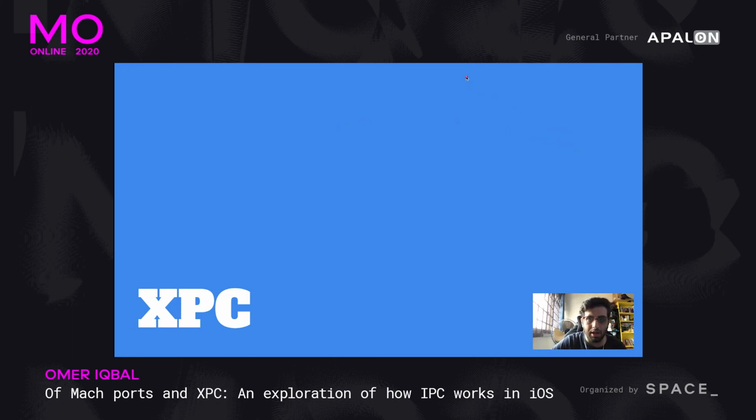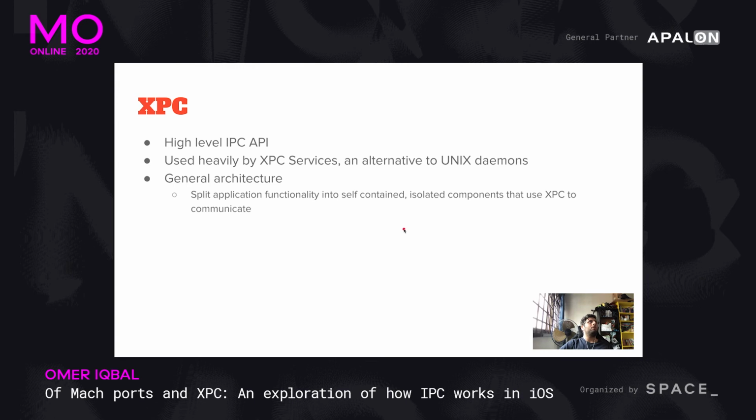This higher layer of abstraction these days is called XPC. XPC is a much higher-level and frankly nicer IPC API, and the idea behind it is quite beautiful. It's inspired by the microkernel design.